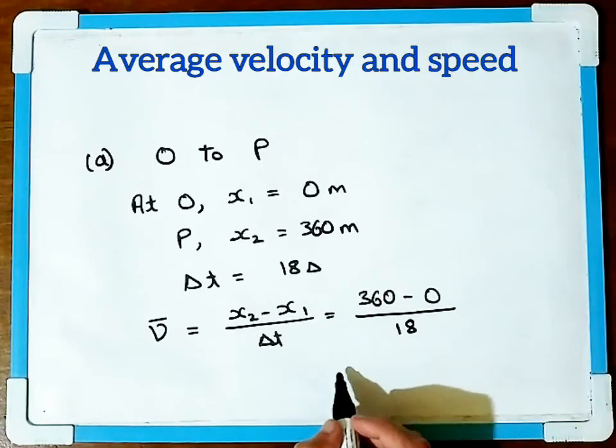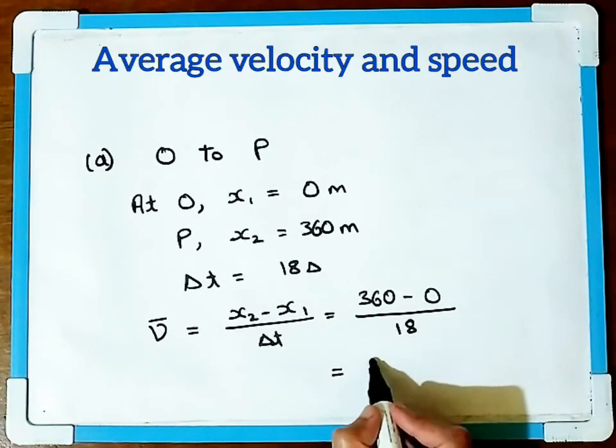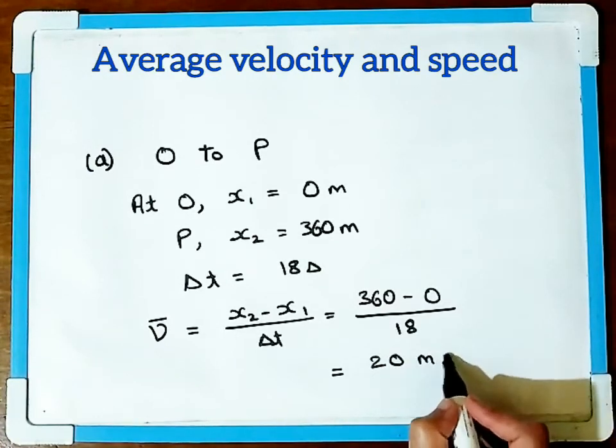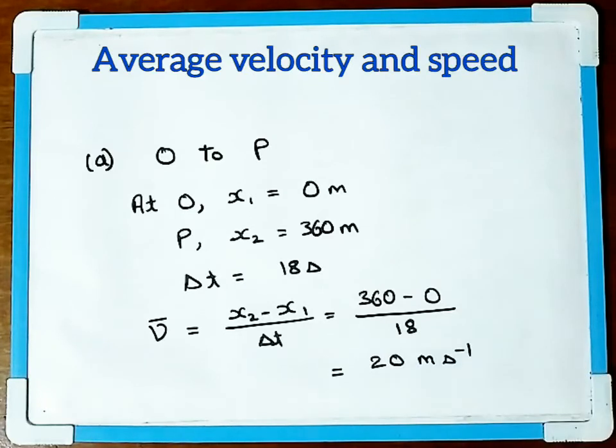So what we'll get here is 20 meter per second. So this is the average velocity from O to P.